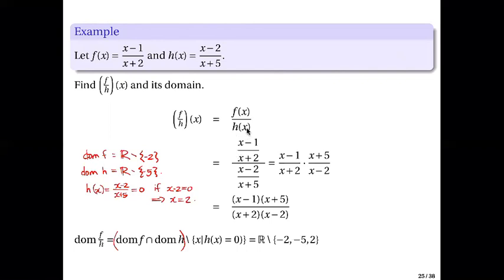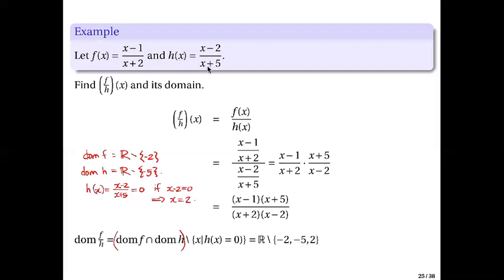And since, again, h of x is a denominator, you remove that. You remove that, because if you included 2, it will mean your denominator will be 0, and you don't want that. So those are the 3 numbers that you need to remove. The -2 came from the original function f, so you have to remove that. The -5 came from the function h.